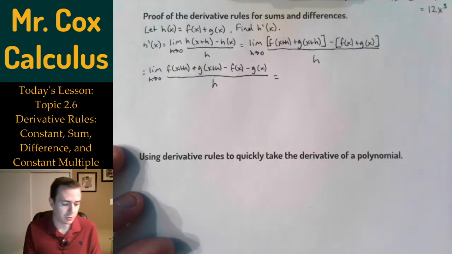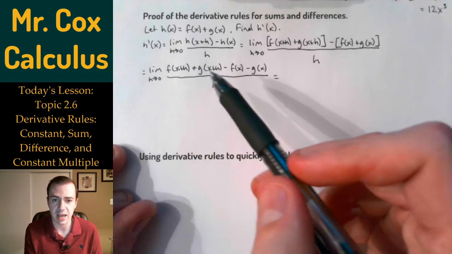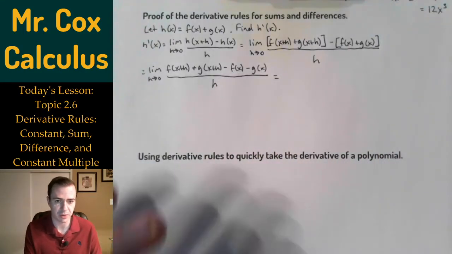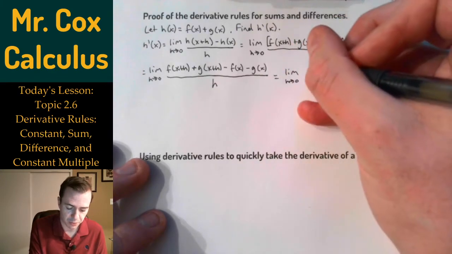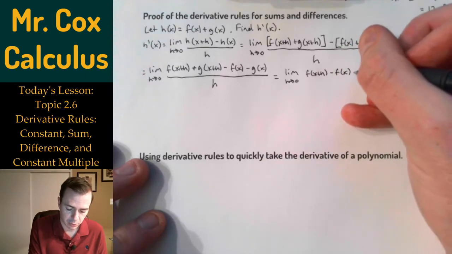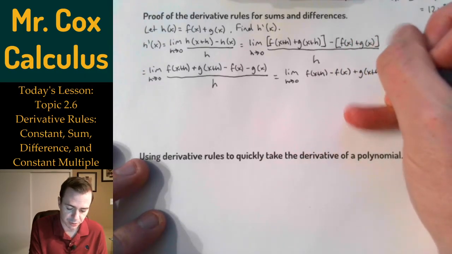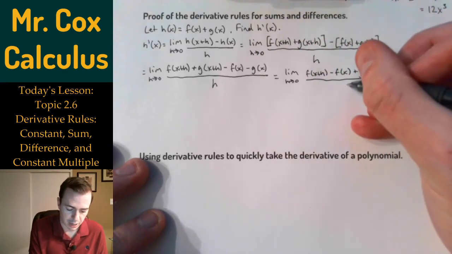Now if I do some grouping in the numerator, I've got f and f, g and g. Let's group them together so we can see what's going to happen. So I have the limit as h approaches 0 of f of x plus h minus f of x plus g of x plus h minus g of x, all over h.